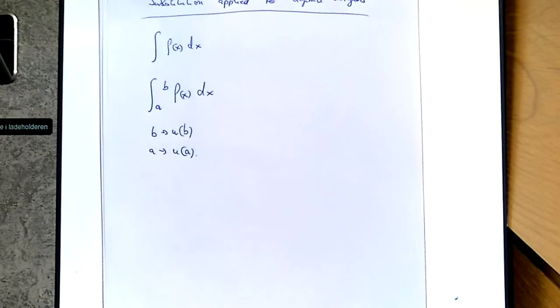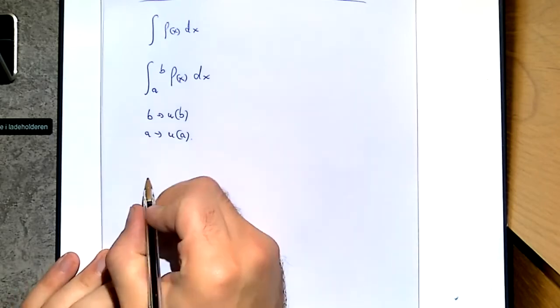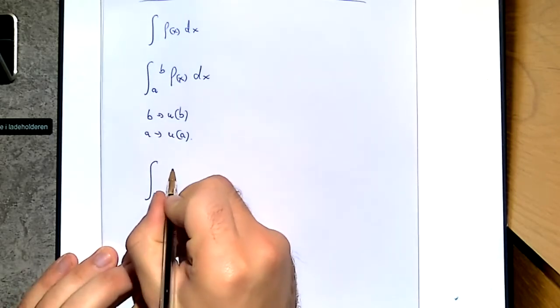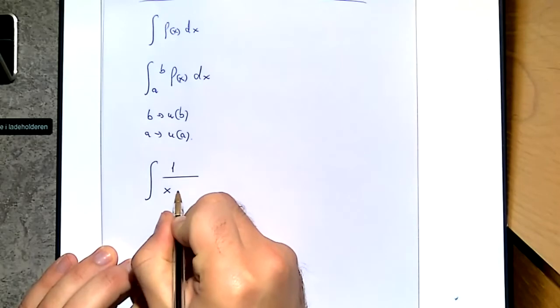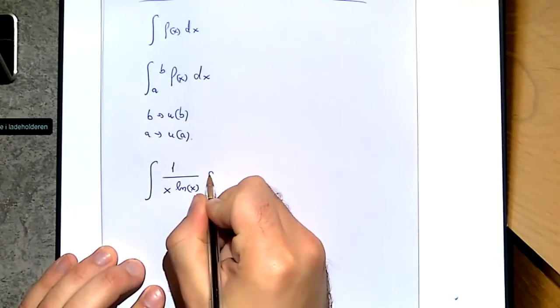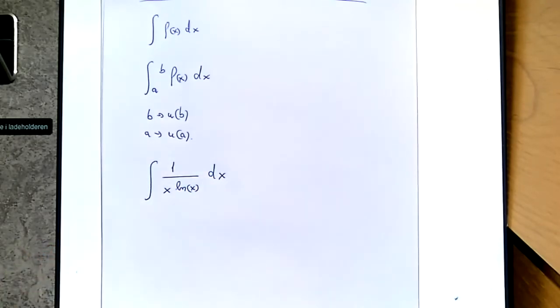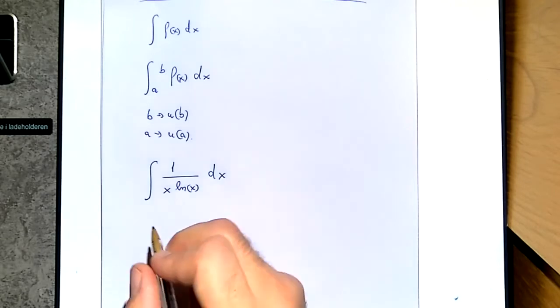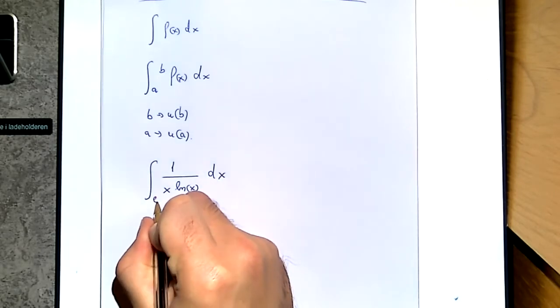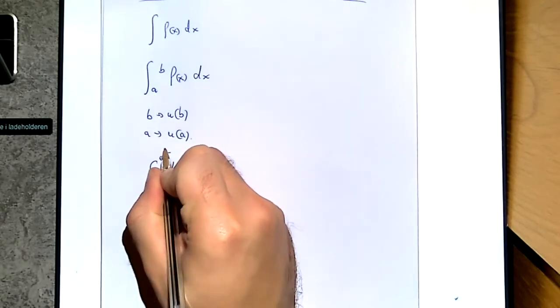But that's the only thing you have to keep in mind. So let's do a simple example. Let's do the integral of 1 over x log of x dx from e to e squared.